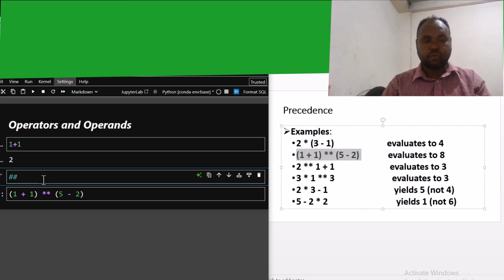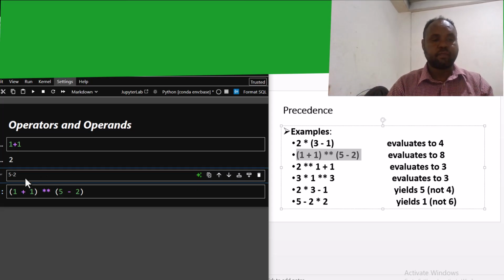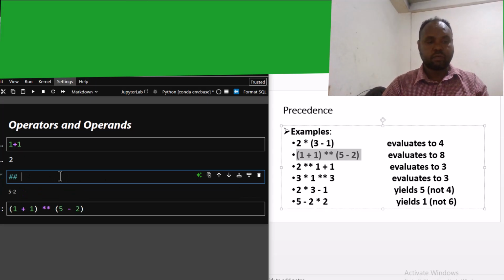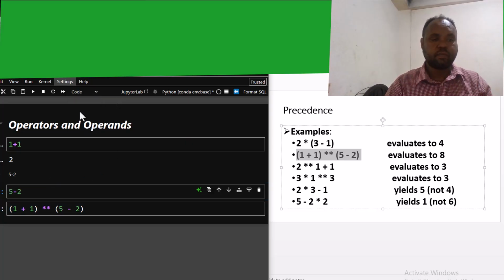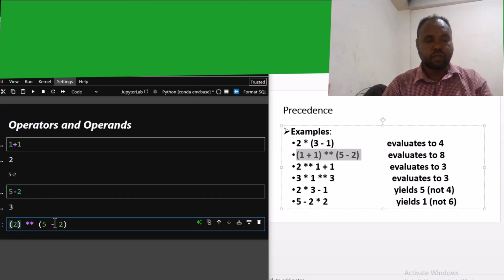5 minus 2, which is 3. Therefore, this one is 2, this one is 3.